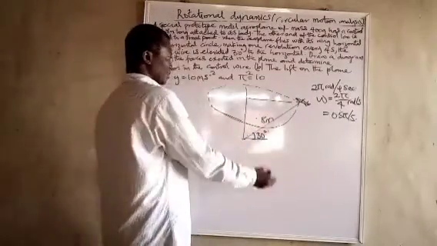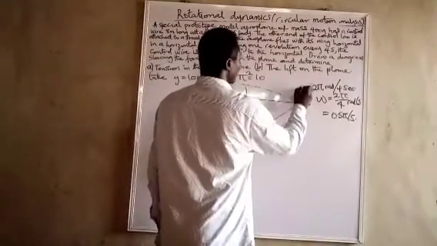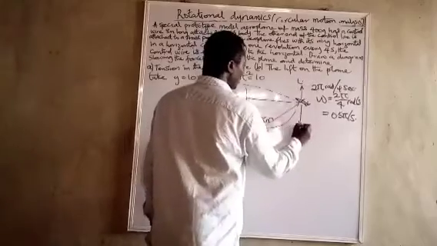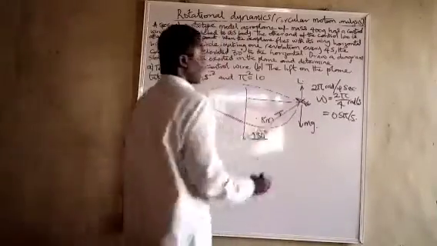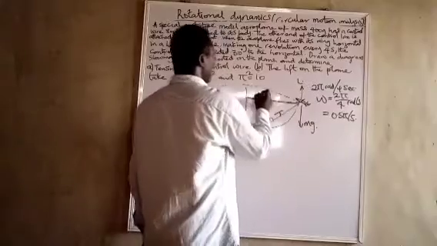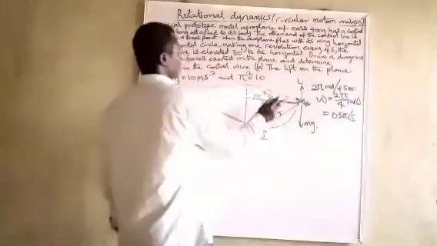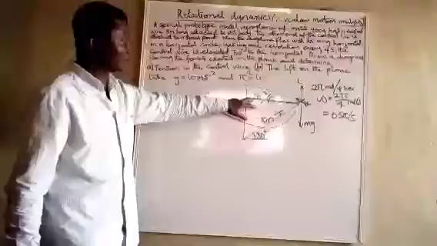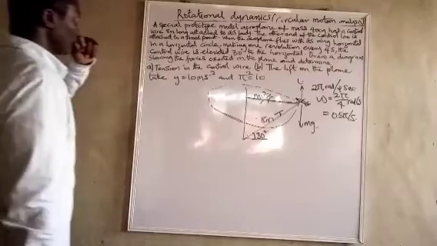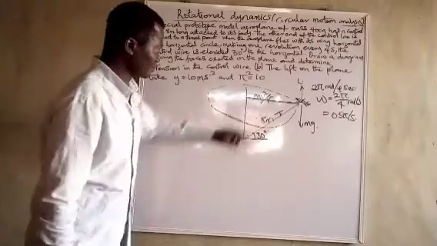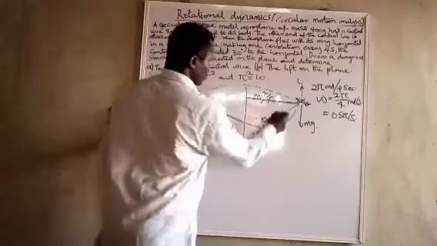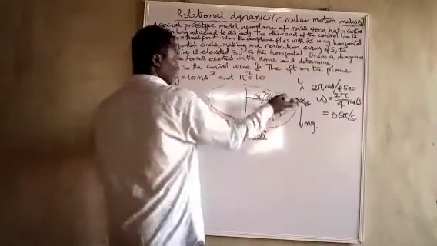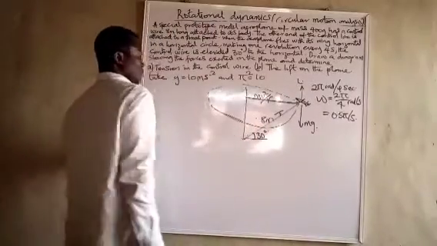And as it is moving like this, there is a lift, there is mg down, there is T here, and there is mv squared over r supported by the wire, the component of T along the radius.